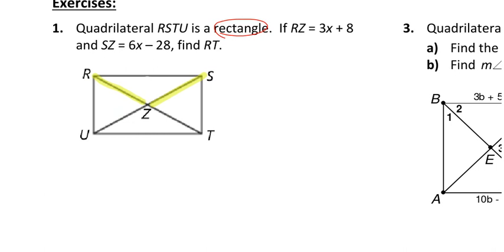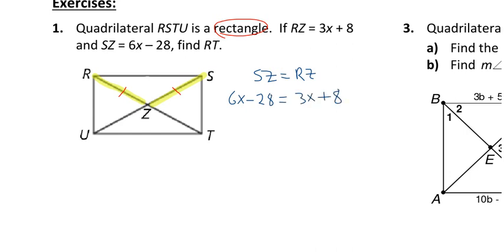So in this case, this piece is equal to this piece, and those are the two pieces that we have. Therefore, SZ is equal to RZ, which makes 6x minus 28 equal to 3x plus 8.